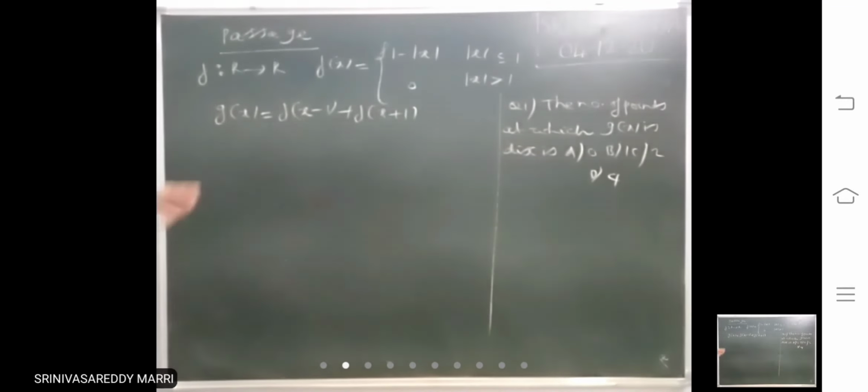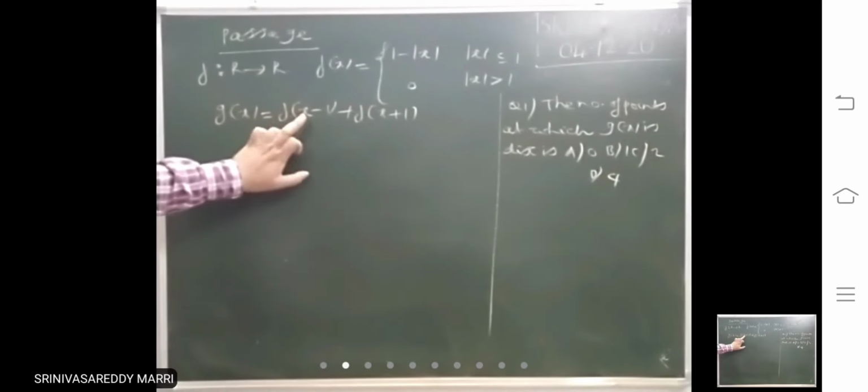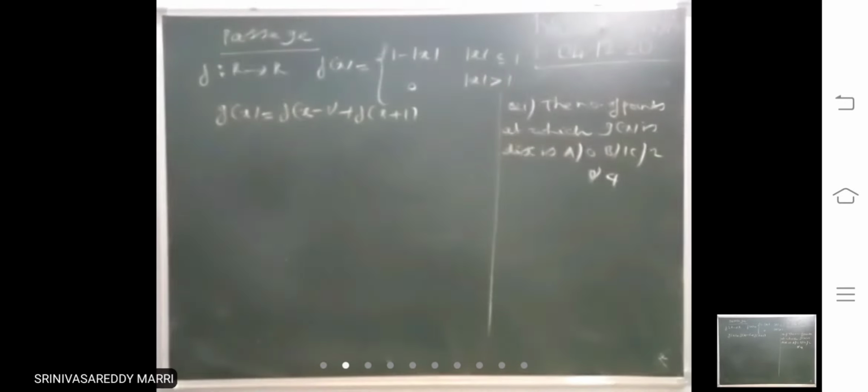So g of x is nothing but this one plus this one. First find out this and find out this, and then we will add.